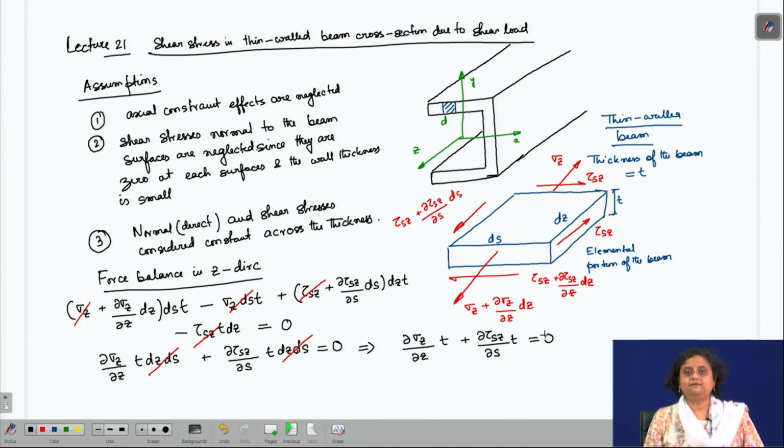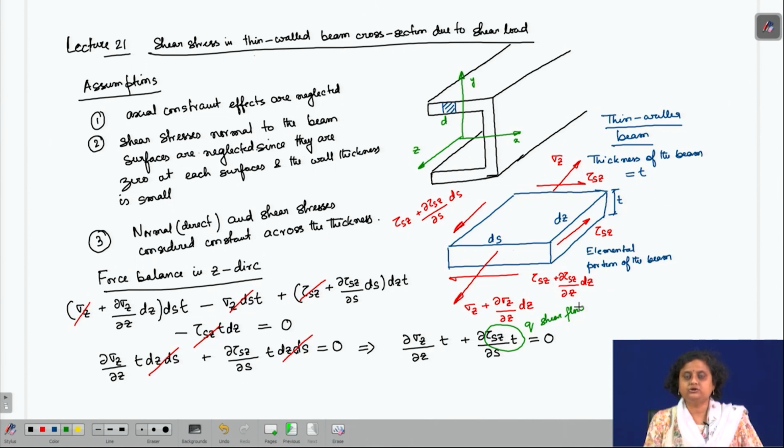Now, why have I left t and not eliminated t? Because t into tau s z can be written as q, and we know that neither tau s z nor t is always constant, but this product of tau s z and t, which is the shear flow, is constant in a portion if there is no junction at any point.